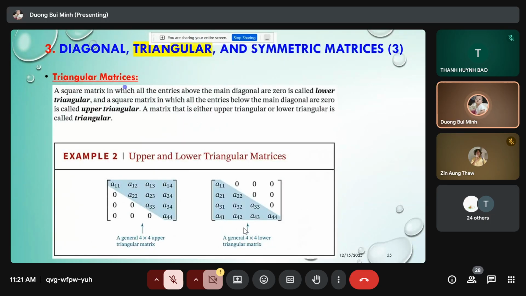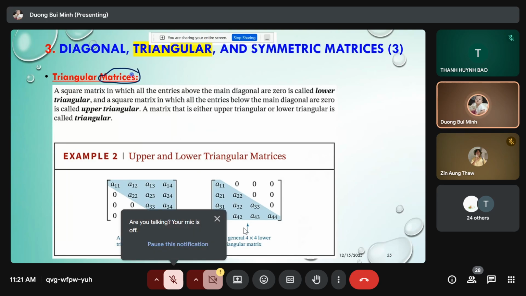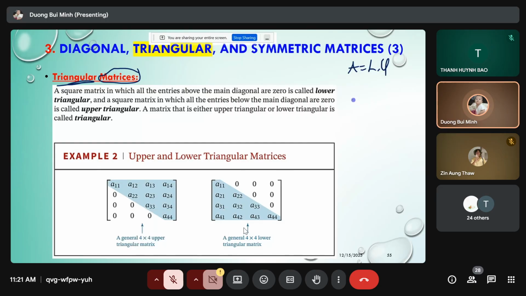Triangular matrix. So again, A is L times U. We have A as a square matrix, n by n, so that means we have L, n by n, and U, n by n, like this.